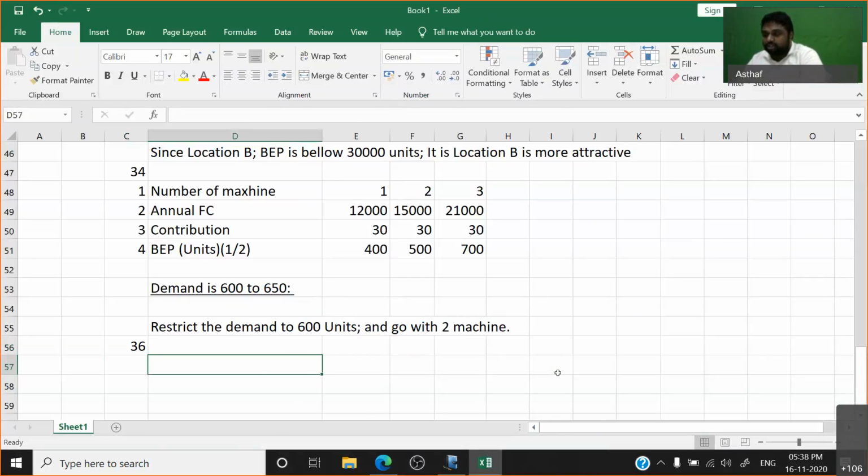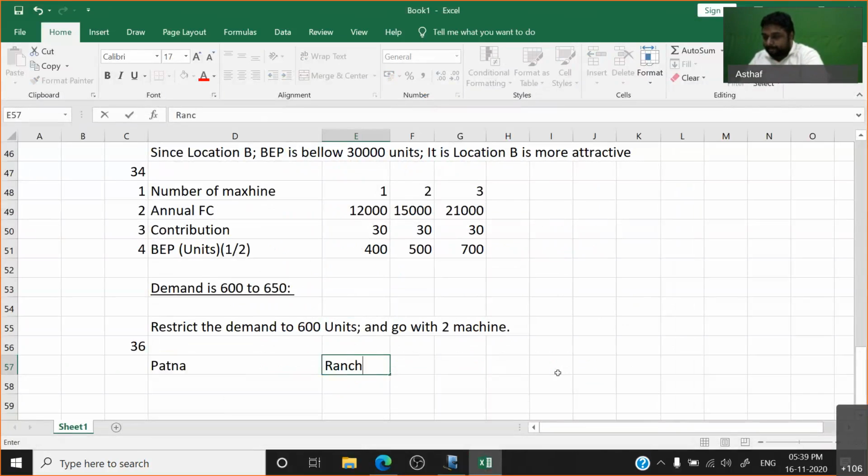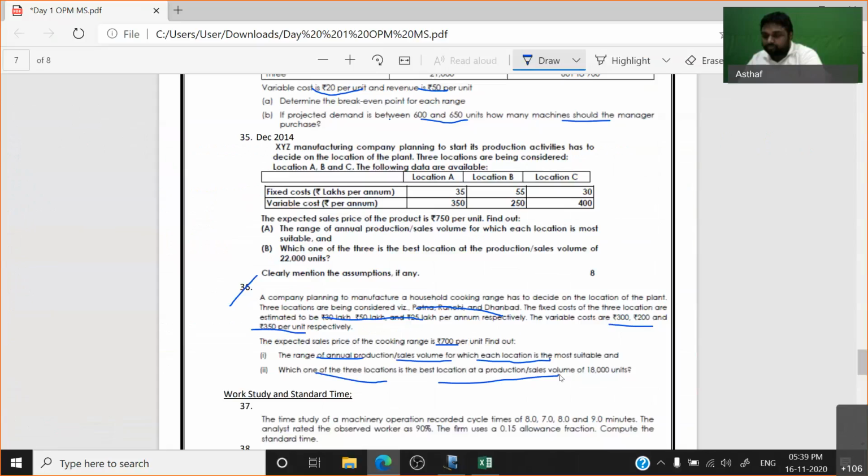What all the locations do we have? We have Patna, Ranchi, Dhanbad.